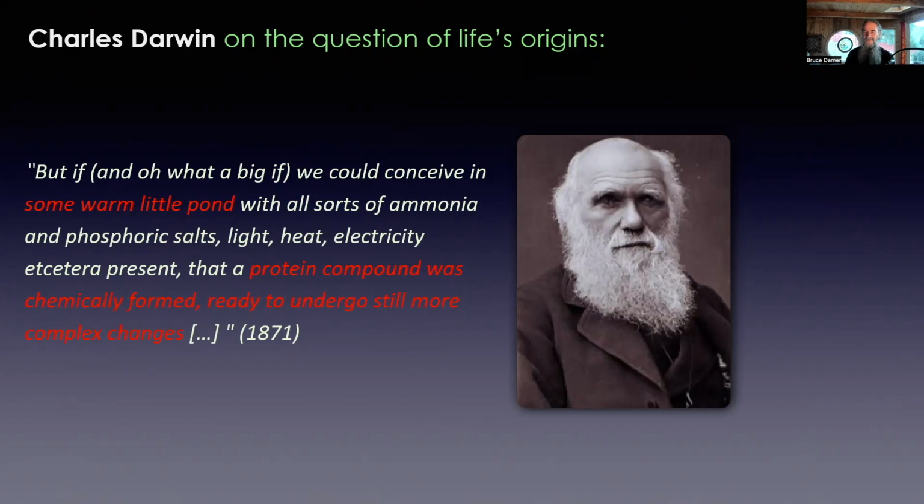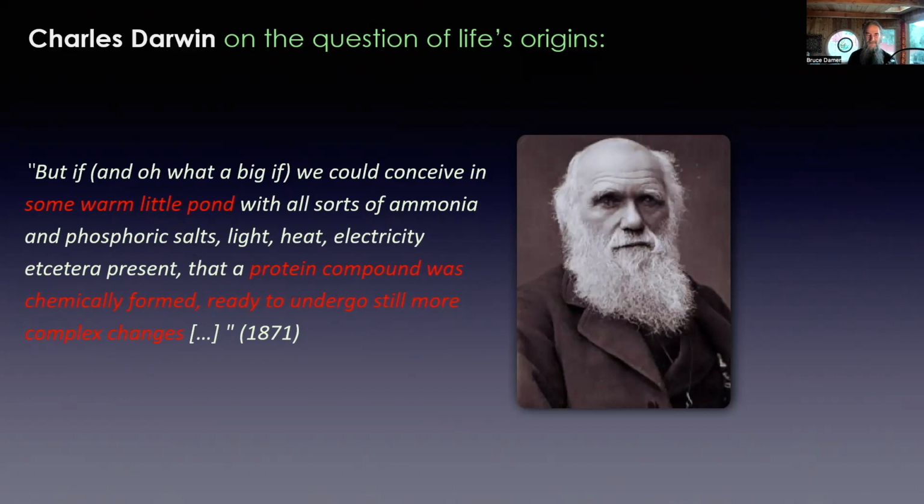And this is an amazingly prescient vision by a 19th century great scientist, because what he's describing is that within this environment, a protein compound, a polymer, must be able to form and become more complex and perhaps become longer, develop functions, be selected and amplified. So 19th century science didn't really understand about nucleotides and nucleic acids.